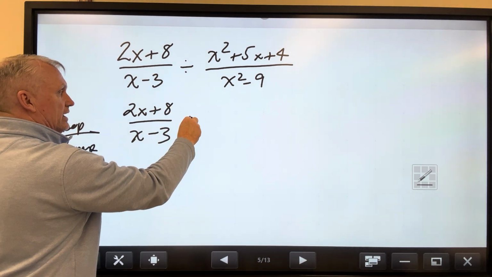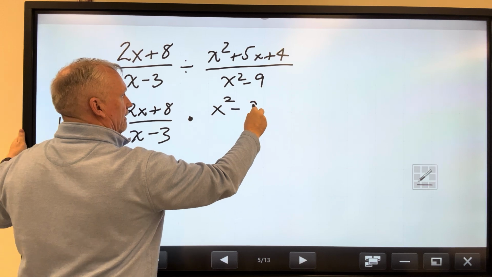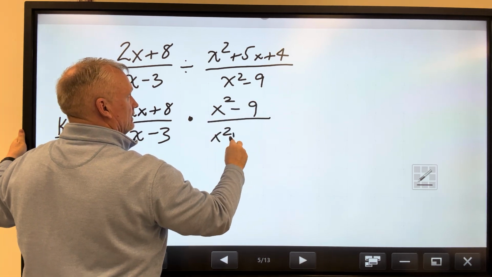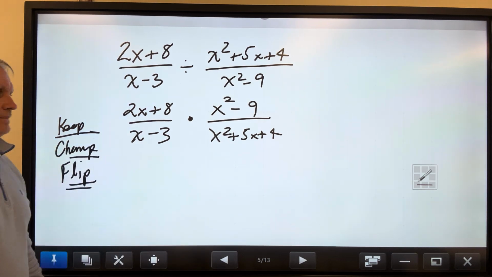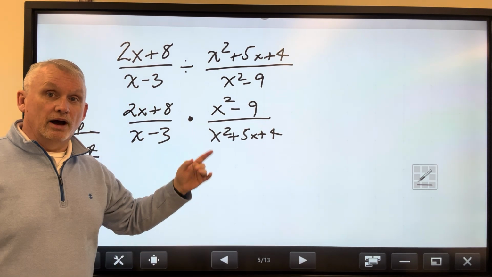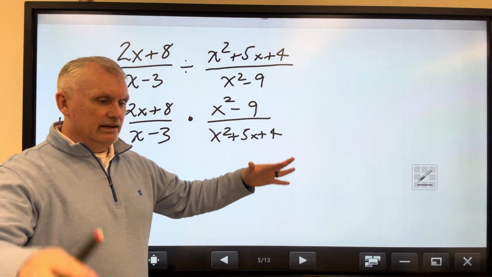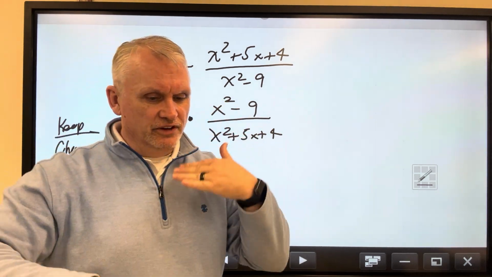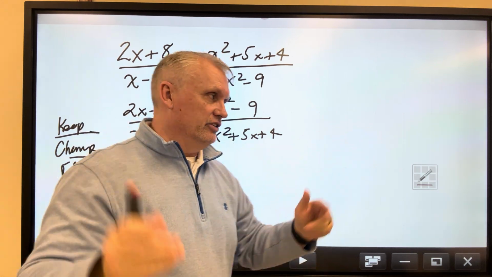Division changes to multiplication. Flip the second fraction. Now it is a multiplication problem. Like that. So if you have division, keep, change, flip, and then factor everything.